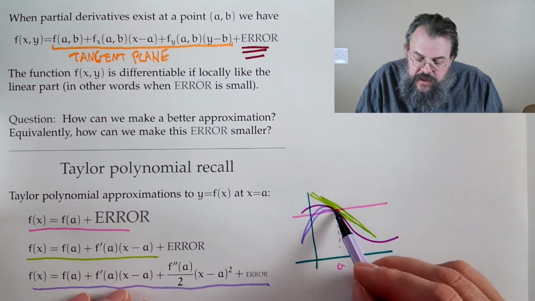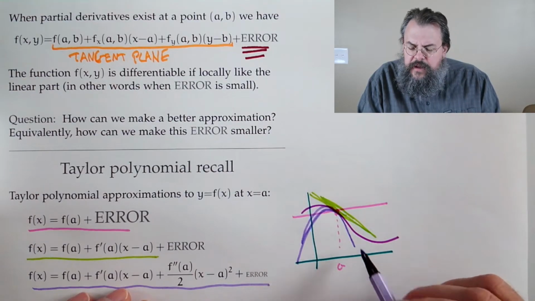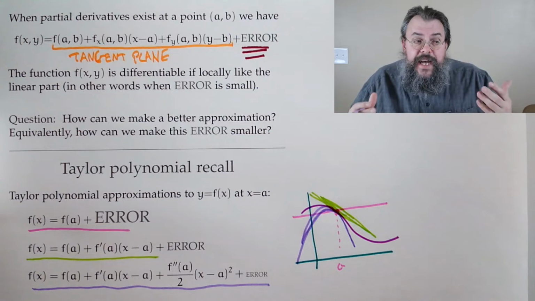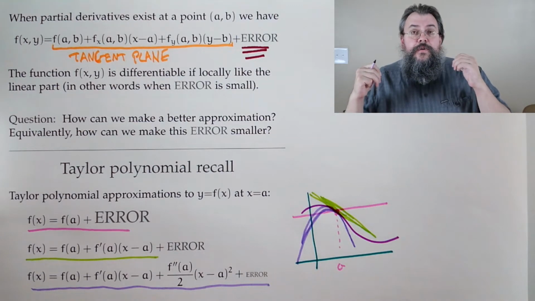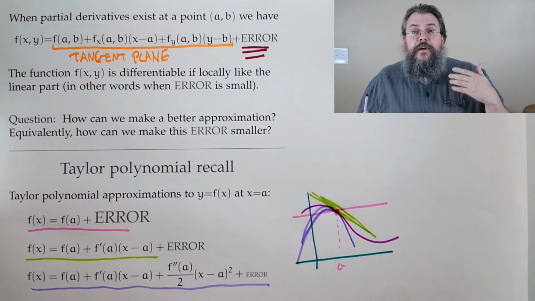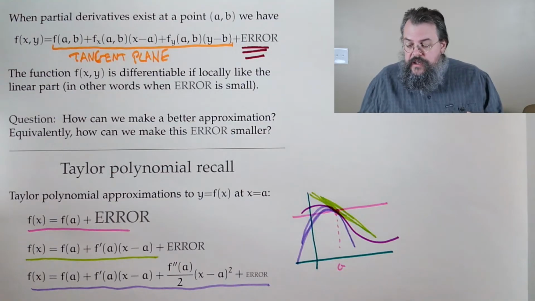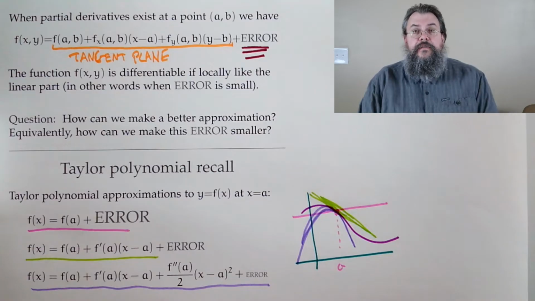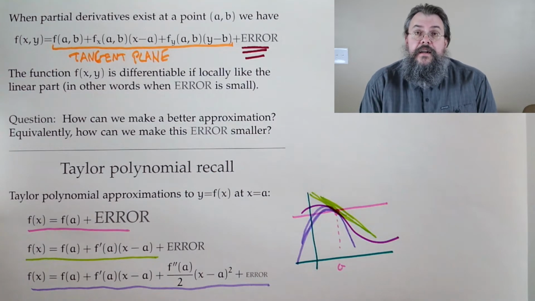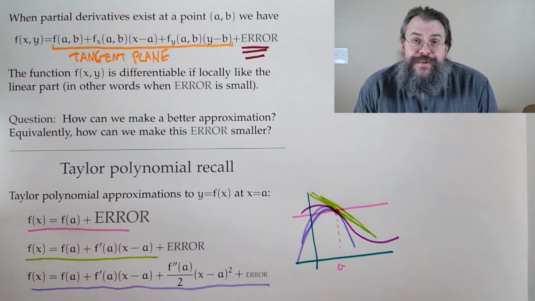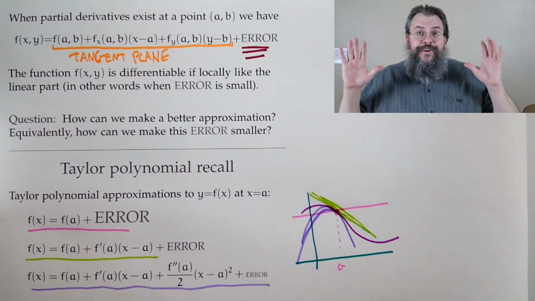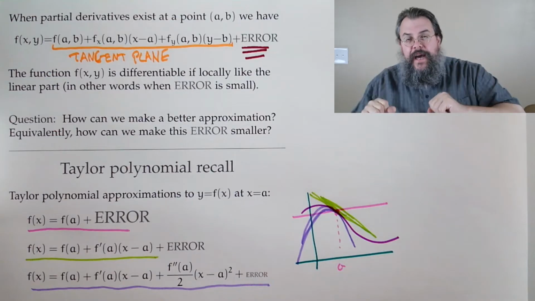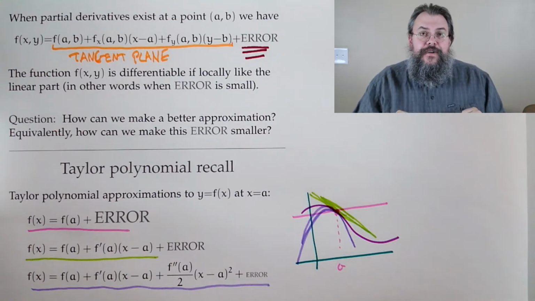Nearby it looks something like that. And the nice thing is the parabola is an even better estimate. So the philosophy says the more derivatives that we match, the more closely we're mimicking the behavior of the function nearby. In other words, we're doing a better job of approximation. So that's the whole idea: Taylor polynomials, match derivatives, we can understand behavior.